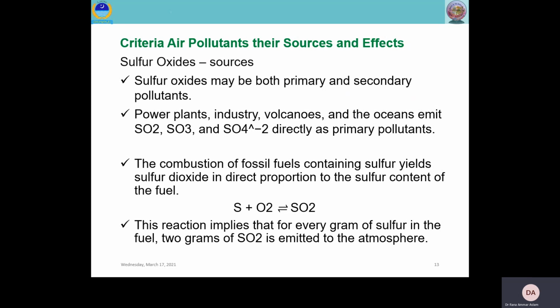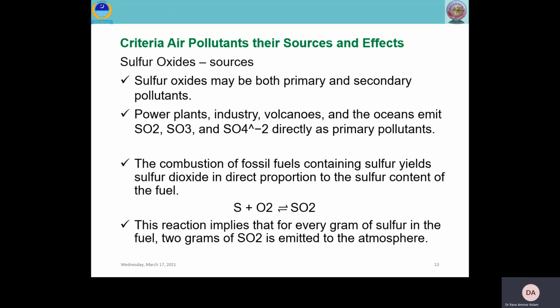I have told you that, like particulate matter, sulfur oxides may be both primary and secondary pollutants, and their sources can be power plants, industry, volcanoes, and the oceans. So they emit oxides of sulfur directly as primary pollutants.